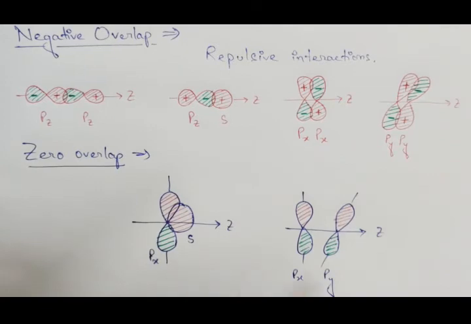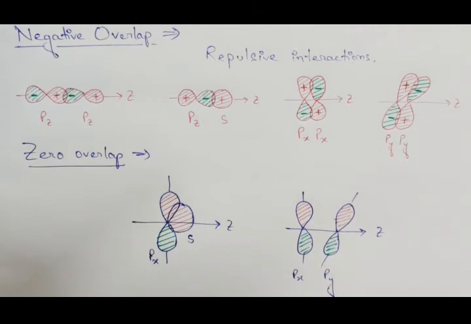If such a mismatch is there, that means there is no proper interaction, and that kind of overlapping is called zero overlap. Clear? So these positive, negative and zero overlaps show how the atomic orbitals combine with each other to form separate types of bonds. Generally, due to these overlaps, covalent bonds are formed.